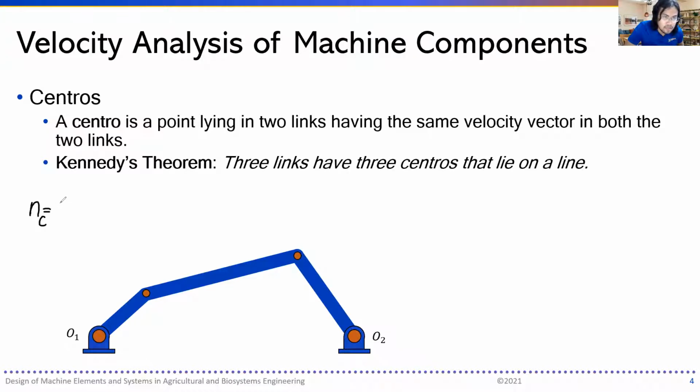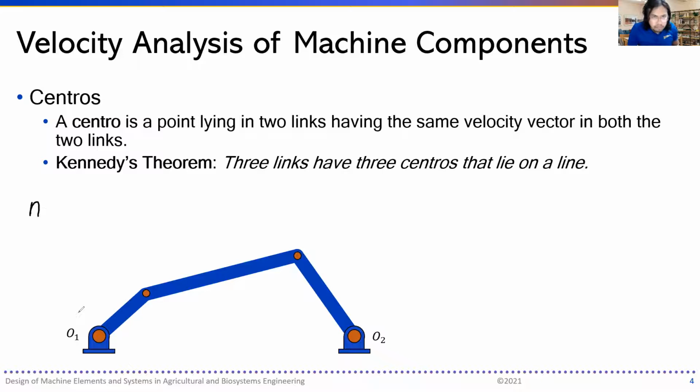That now stands for centros, times n minus 1 over 2. And what would you have for this one? You have 4 links here. So 1, 2, 3, 4. So you have still the same number of links for this kind of mechanism.